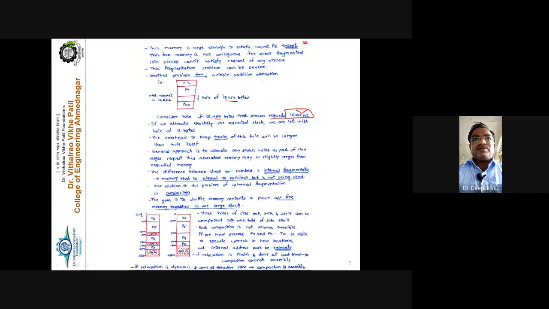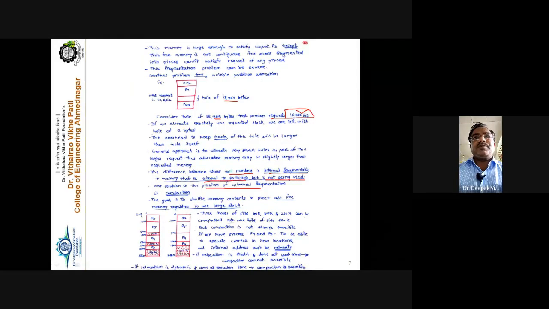So these are the concepts of internal and external fragmentation. The difference between the two numbers, 18,462 and 18,464, that is 2, is called the internal fragmentation. Memory that is internal to the partition but not being used by that particular process is called internal fragmentation.